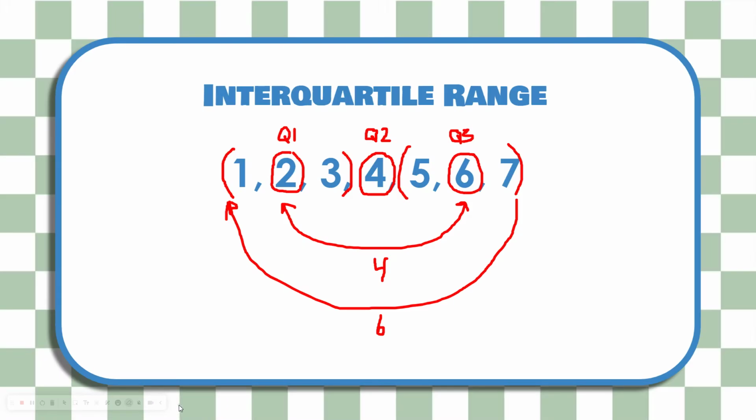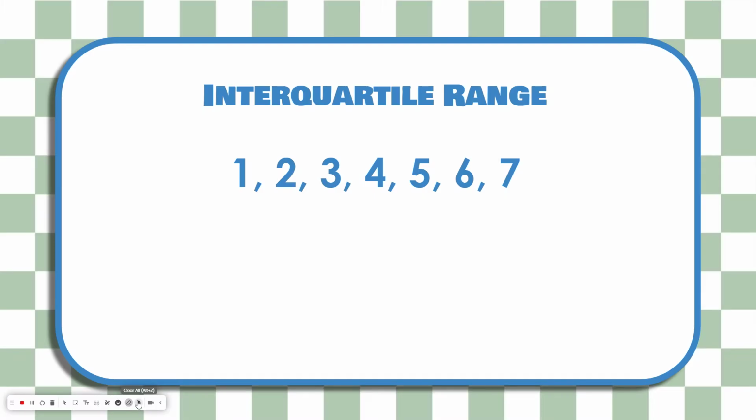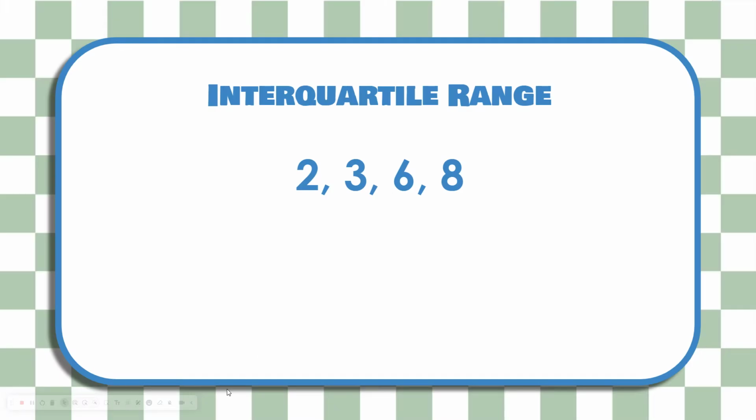All right, let's test it out with another data set. Let's try this one. So this one only has 4 numbers. Let's see what happens. So first, if we want to find the median, we got to think what's right in between 3 and 6. So you could probably mental math that and think, okay, those are 3 numbers apart from each other, so half of that is 1.5.